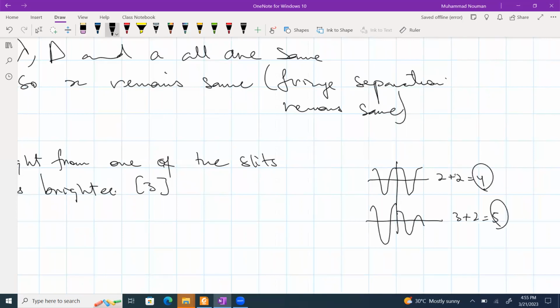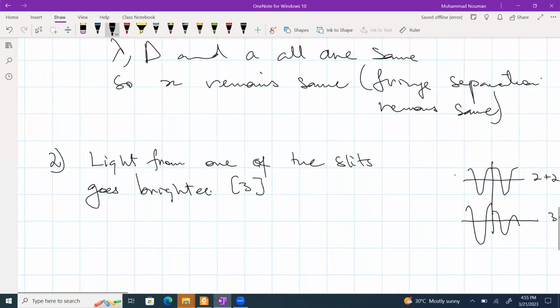Is there any change in the maximum amplitude? Yes, there is. So will the brightness of bright fringe increase, decrease, or remain same? Increase. Okay, so point number one, very easy: bright fringe goes brighter.